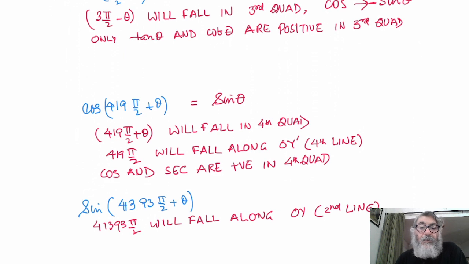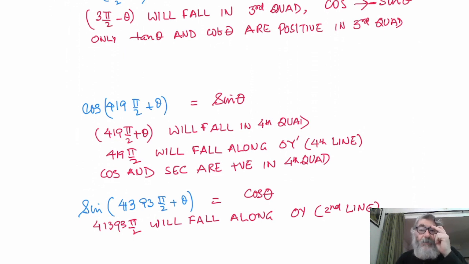So plus theta, it will come into the second quadrant, and in the second quadrant sine is positive, so sine will convert into cos theta, but it will remain plus. Are you understanding? Sine will convert into cos, and cos will be plus because sine and cosec are plus in the second quadrant. Add sugar to coffee.